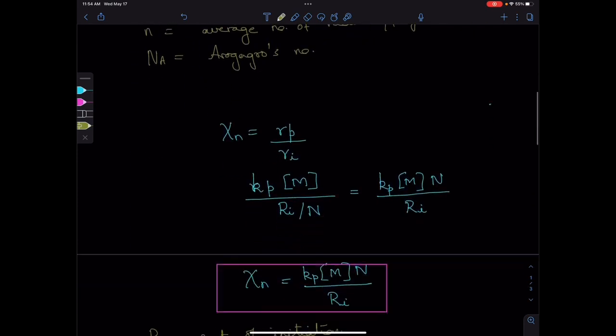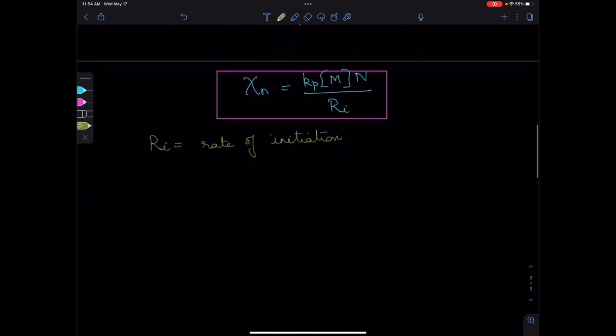So, if we want to increase both the rate of polymerization and the degree of polymerization, we should increase N, which is the number of polymer particles. Increasing Ri, the rate of initiation, increases the rate of polymerization, but at the expense of degree of polymerization.